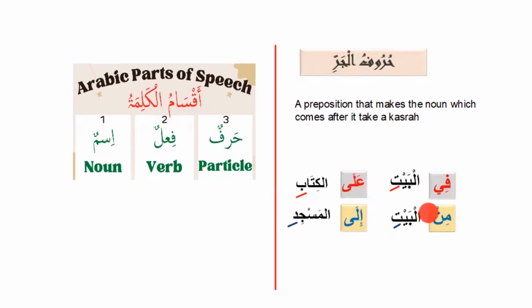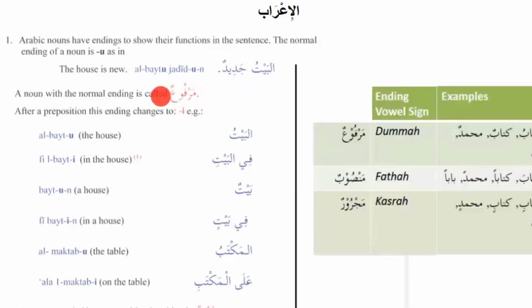Now, what are these huruful jar? A preposition that makes the noun which comes after it take a kesra. That is one thing that is particular about them. If you can remember, just in the last page, we said that after a preposition, this ending changes to e.